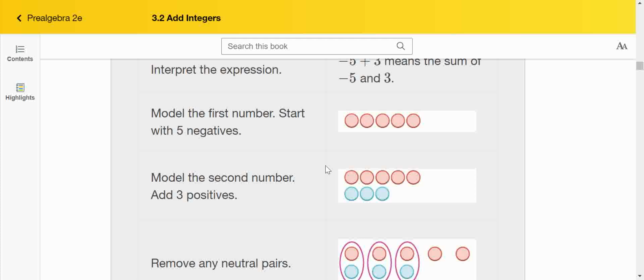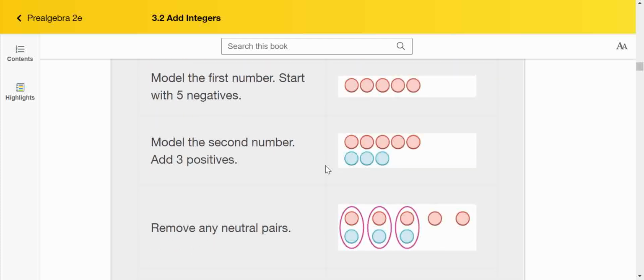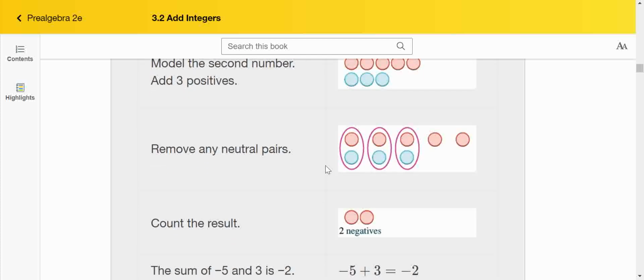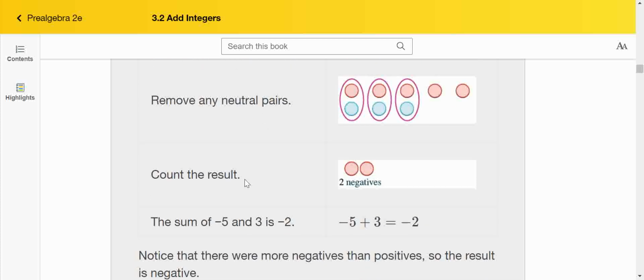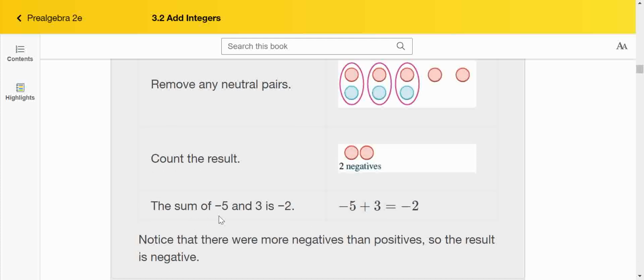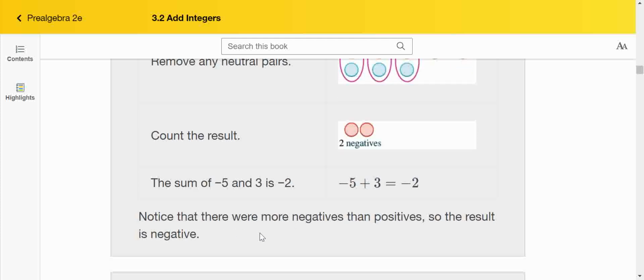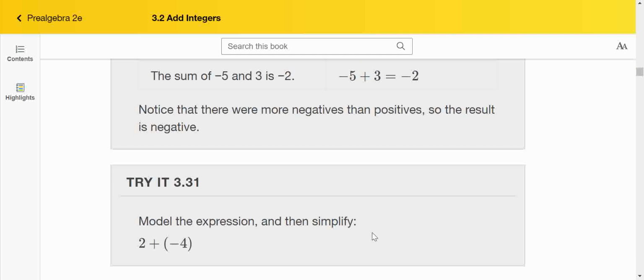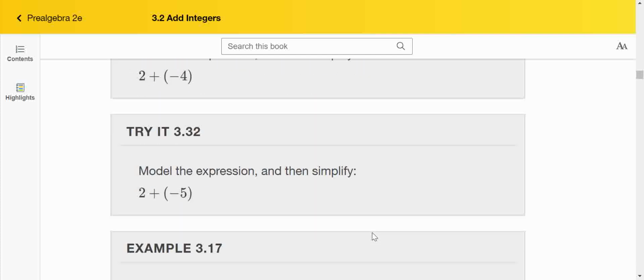Add 3 positives. These are the 3 blue counters. Any pairs become 0. They are neutral, so we remove any neutral pairs, and we count the result, which is 2 negatives. So here the sum of -5 and 3 is -2. Notice that there were more negatives than positives, so the result is negative. We got some try it problems here.